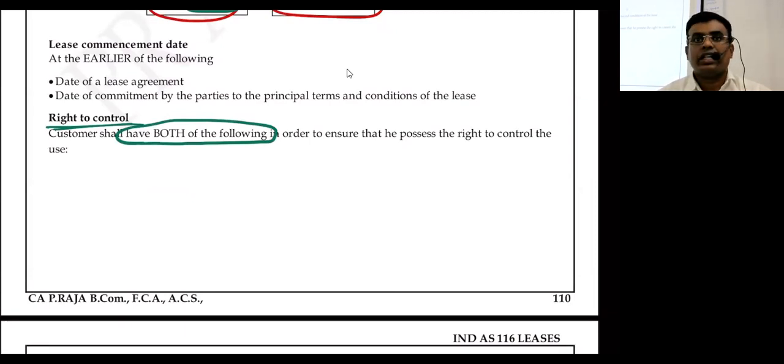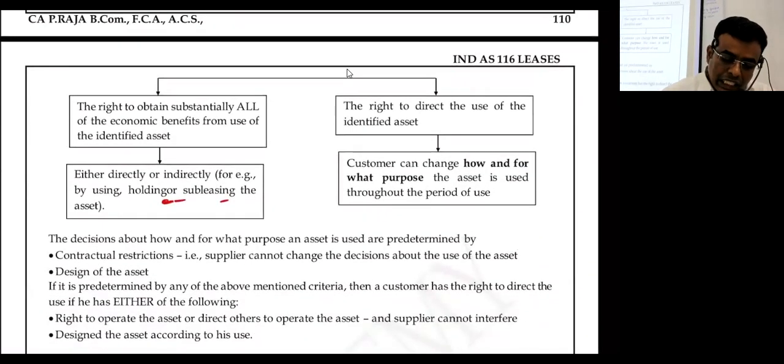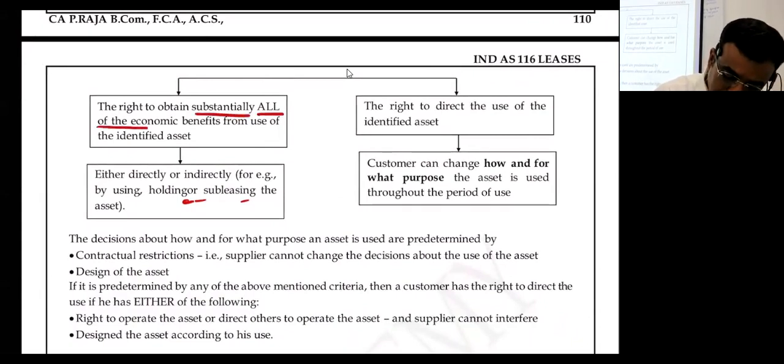To ensure he possesses the right to control the use, both conditions must be satisfied, otherwise not. The right to obtain substantially all the economic benefit from the use of the identified asset.